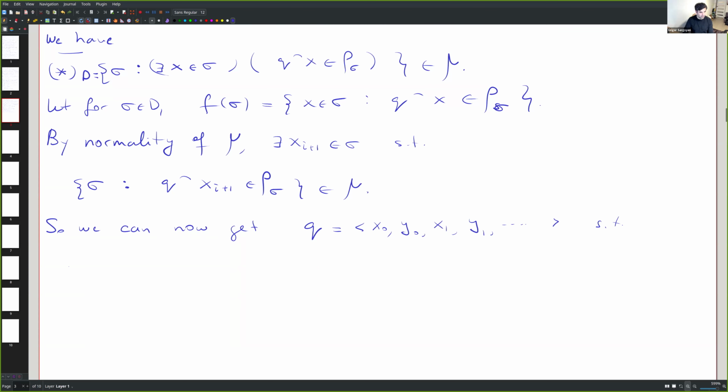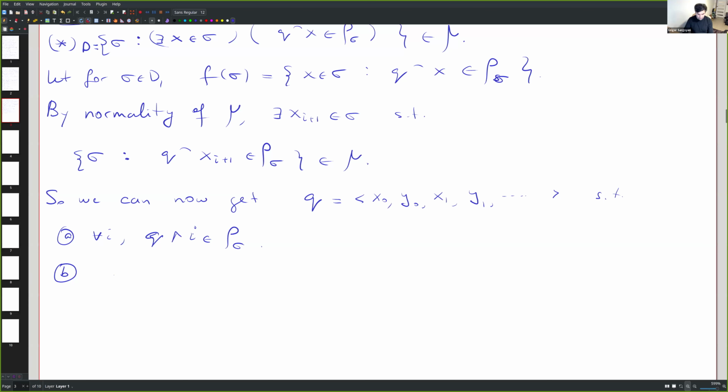for every i, Qi is in rho sigma, right? Because if you think of rho as a, yeah. And the y's are according to tau.